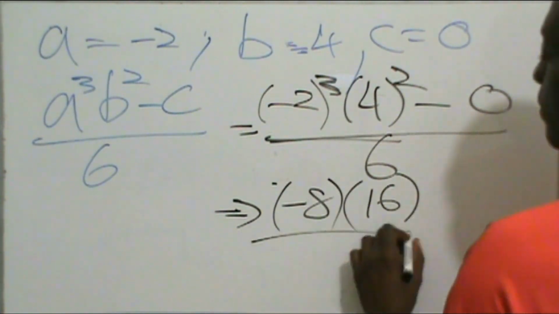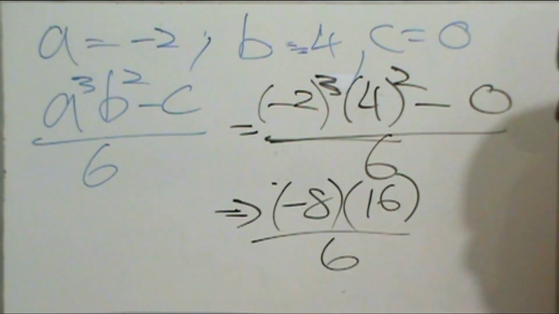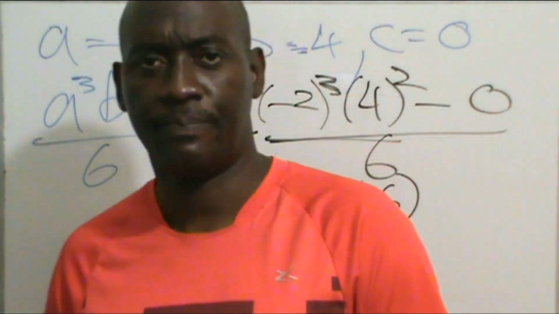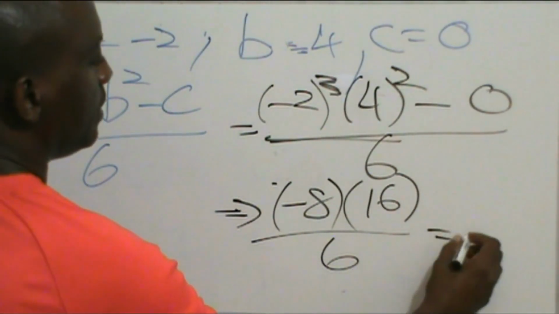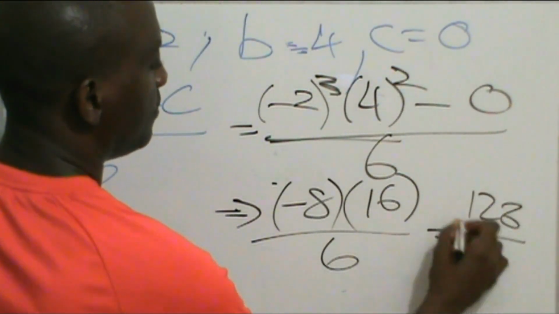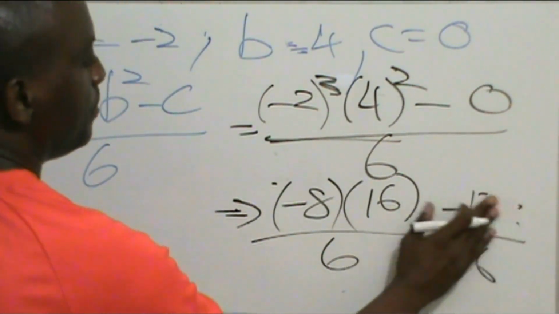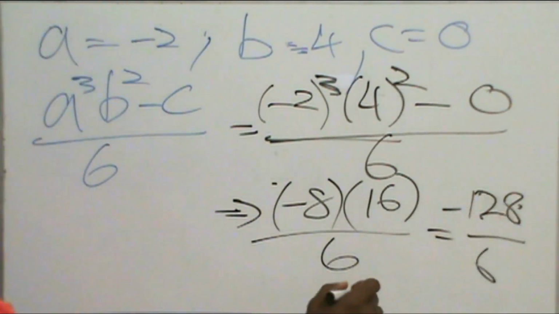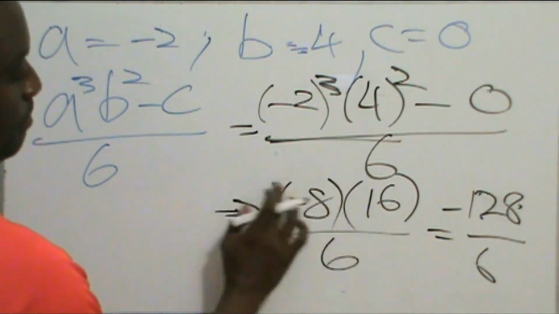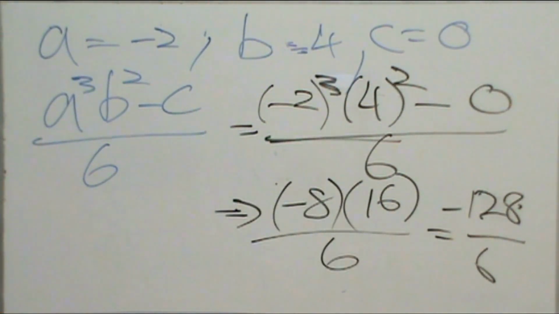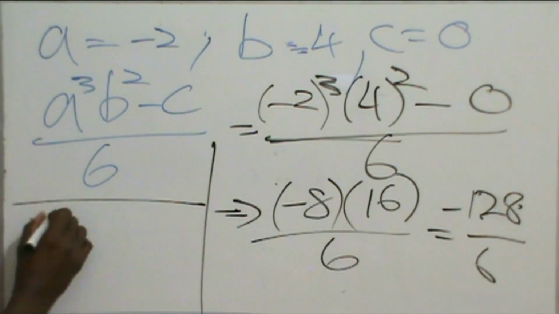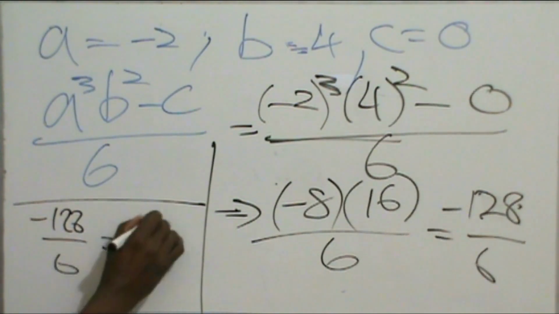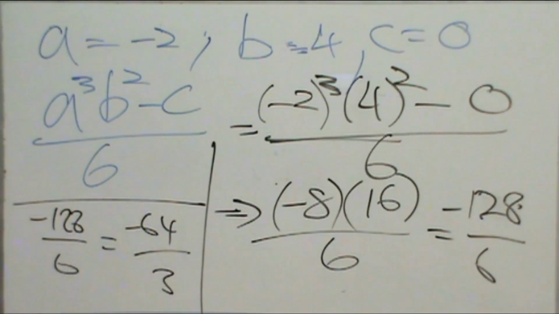Minus 0 is 0 all over 6. 16 by 8 is, 16 by 4 is 64, 64 by 2 is 128. So this would be 128 over 6, of course with a minus sign in front of it, because you're multiplying minus 8 by plus 16. And of course, you can come back in the corner here now and say that minus 128 over 6 is equal to minus 64 over 3.